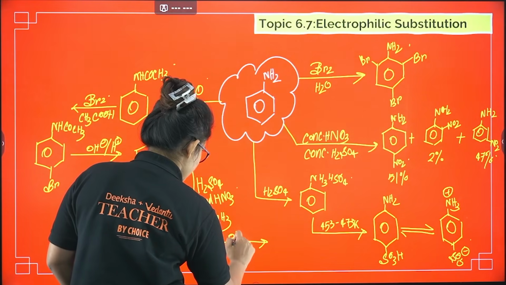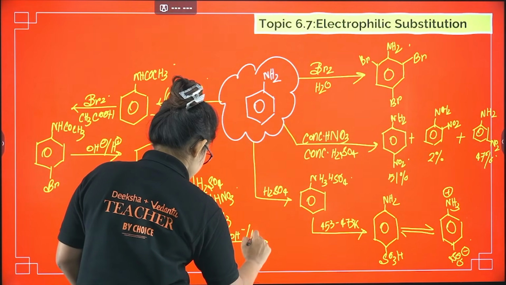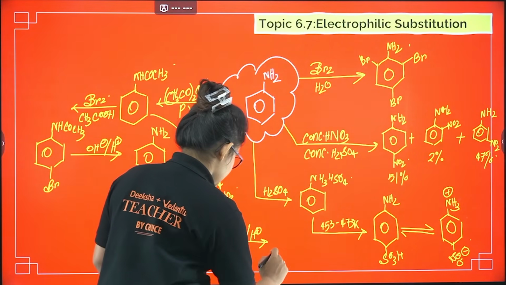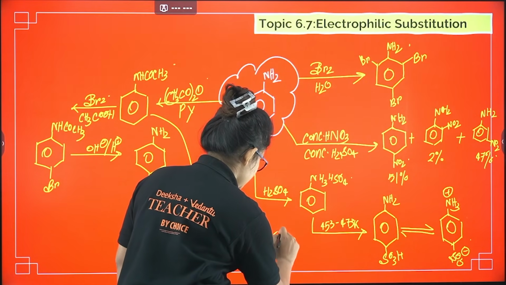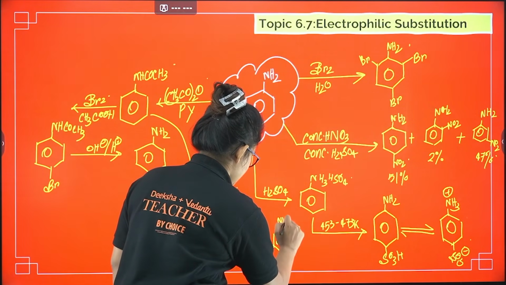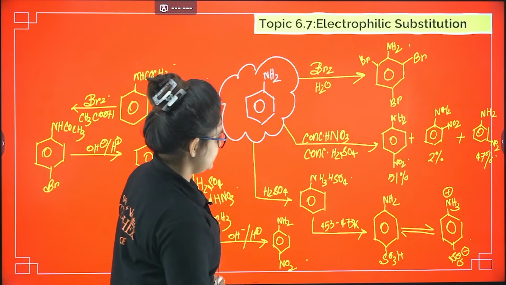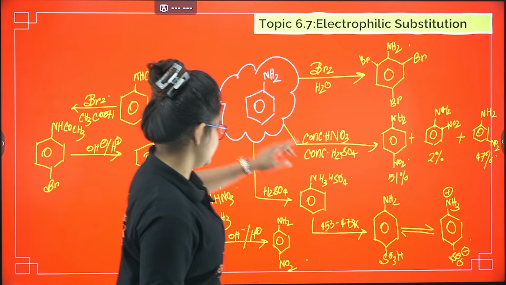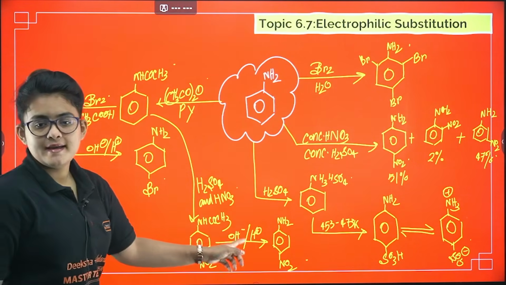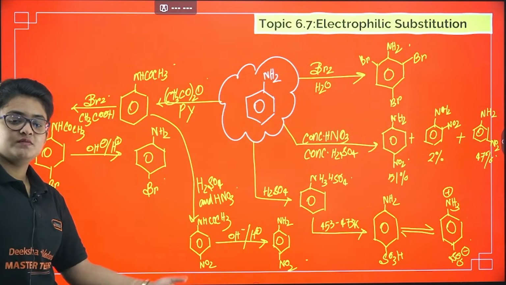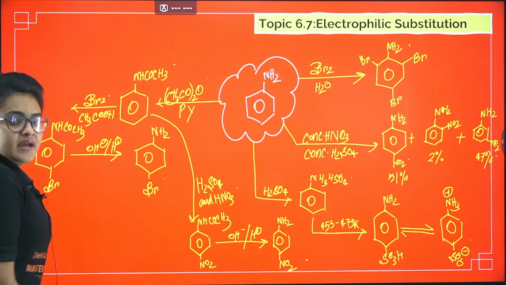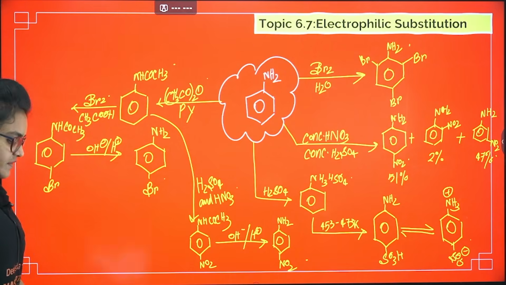Now if you give OH minus or H plus, then this will be converted to NH2 and you will get the nitro group. Normal nitration, you can see you will get ortho, meta, para, but if you want predominantly para, then you can proceed with this. I guess it is clear to you. Let's proceed further.